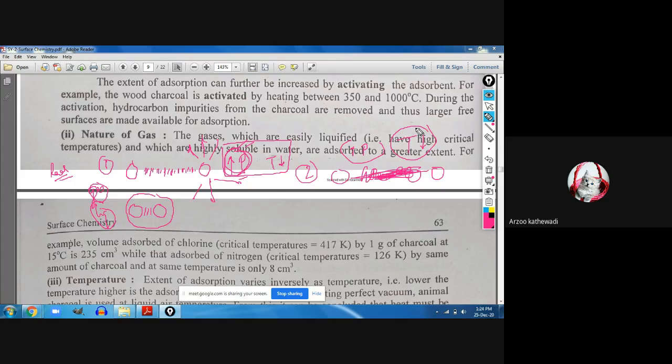Because there'll be more interaction, and pressure and temperature are the same, so interaction being more, it will convert easily or with more difficulty? Easily.